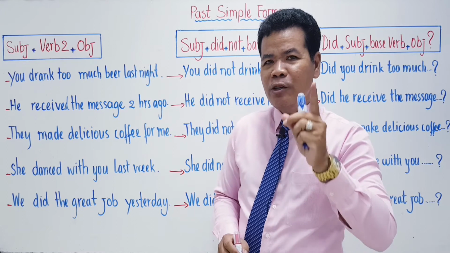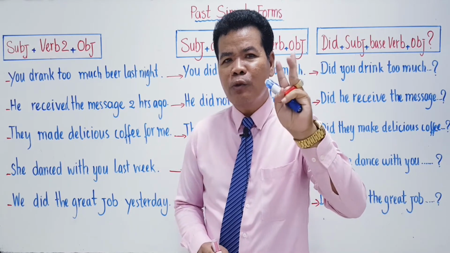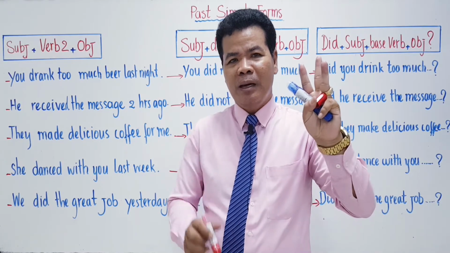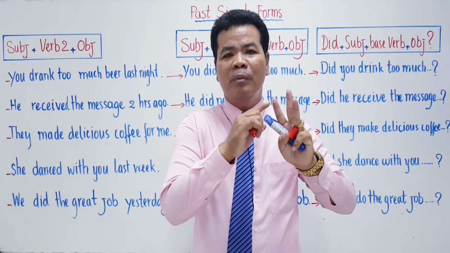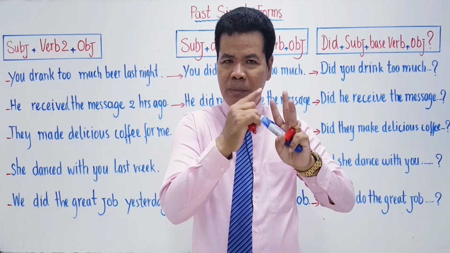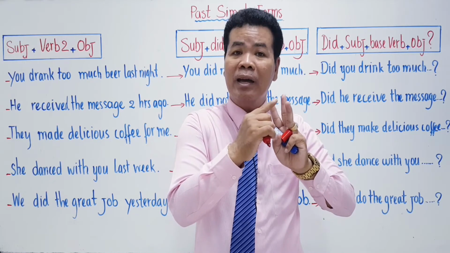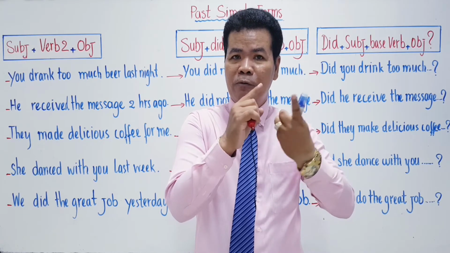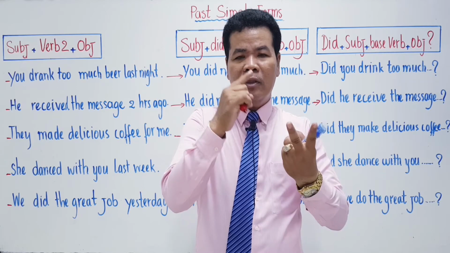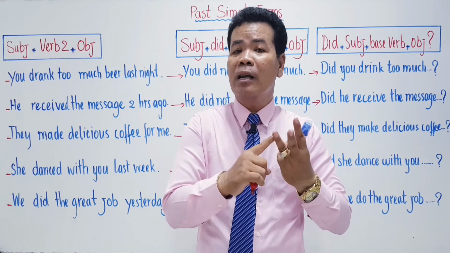That's why you need to know the three forms of the verb, three columns of the verb: the base verb, past simple verb, and then past participle. First column, second column, and third column of the verb.